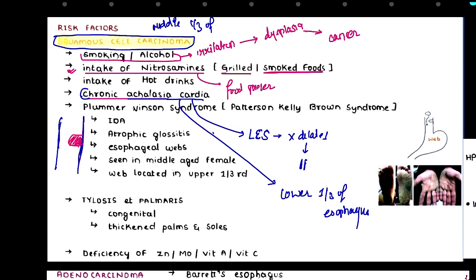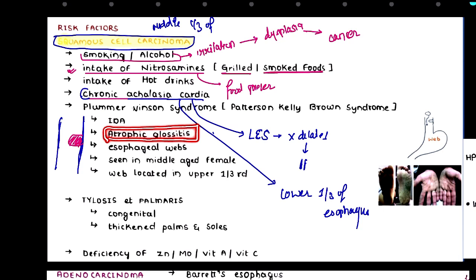As I said, it is seen in middle-aged females, with a web located in the upper one third region. It will present with iron deficiency anemia, as the food content will not reach the stomach and there will be no absorption of iron. Similarly, atrophic glossitis will occur. What is this?